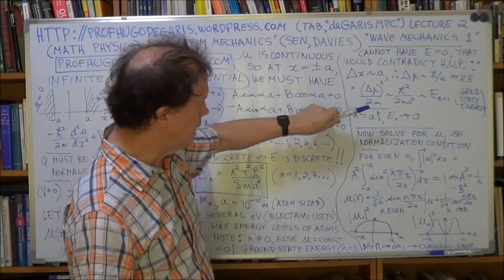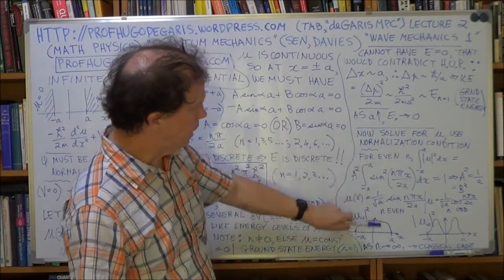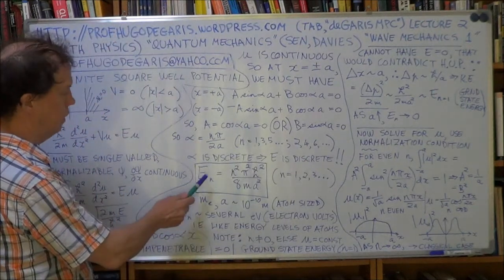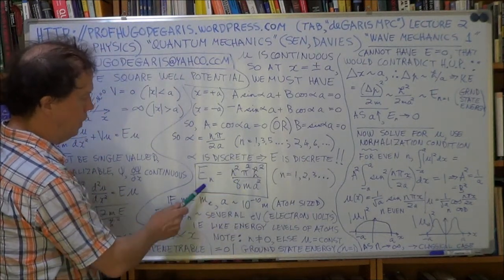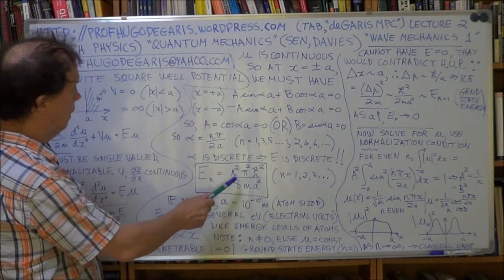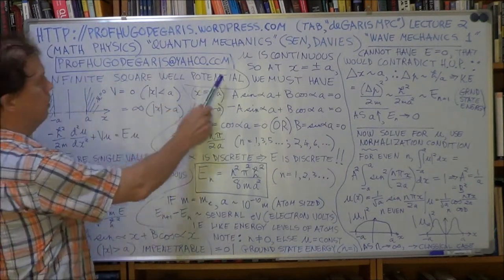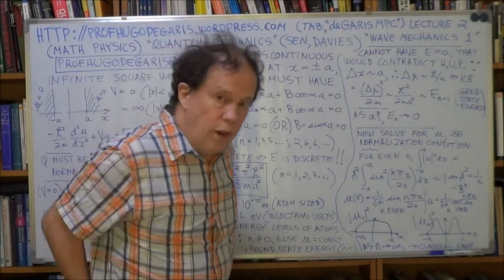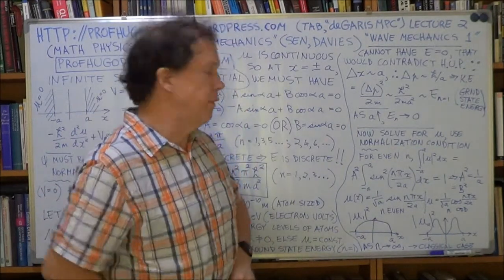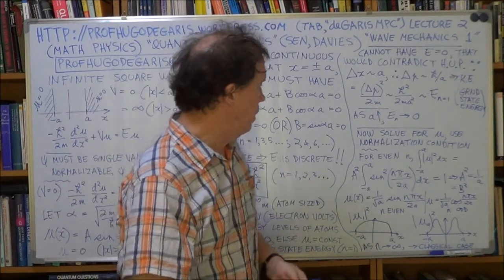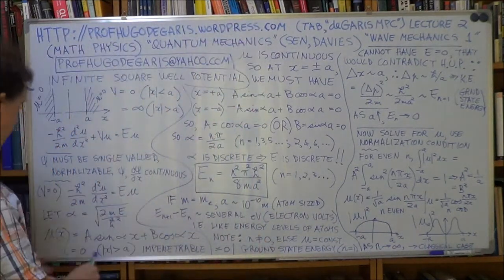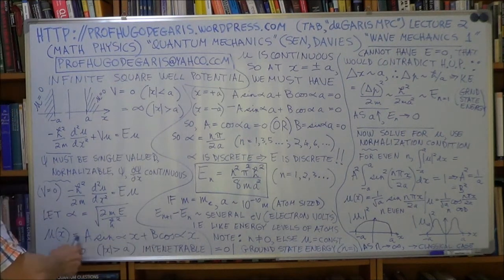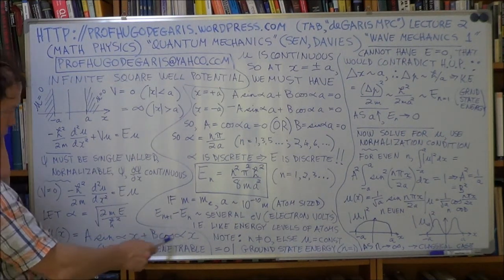All right. Now the next thing. We've solved now the discrete values of the energy, the quantized energy, for this case, the infinite square well potential. Now let's actually solve for the wave function, u itself. Well, we know we've got a form here for u: A sine plus B cos, right?